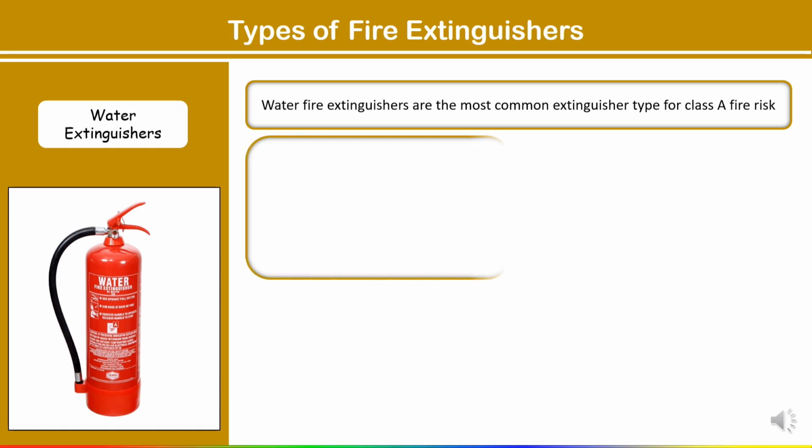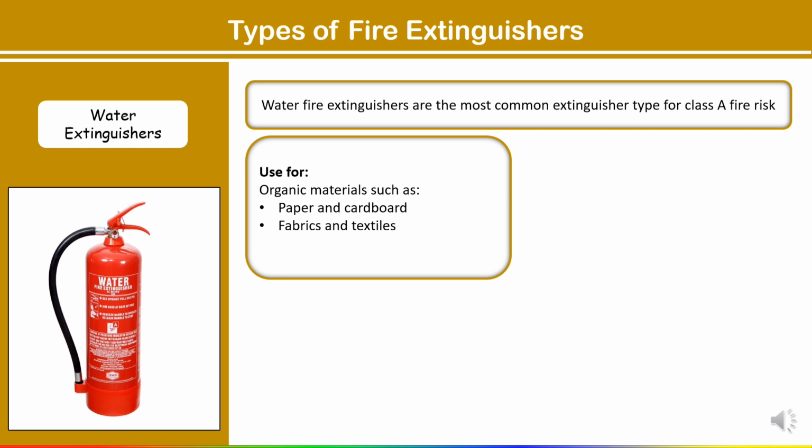Here it is given where we have to use the water extinguisher. As I told you in the starting, it is used for class A fire, meaning organic material such as paper and cardboard, and some examples are given: fabric and textile, wood and coal.